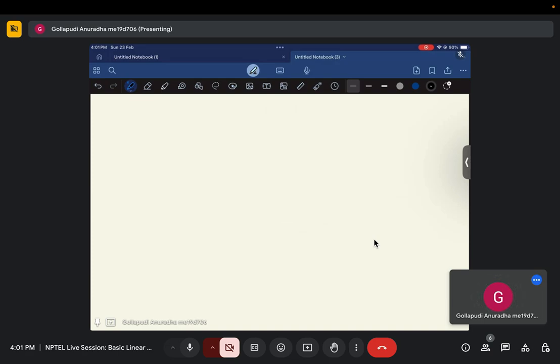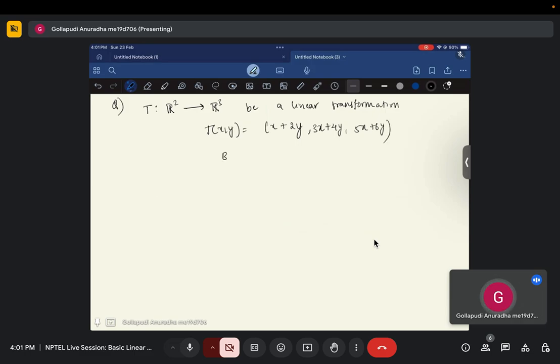Okay, so this is the linear transformation, where for the basis you can choose the standard basis itself. Find this transformation matrix.